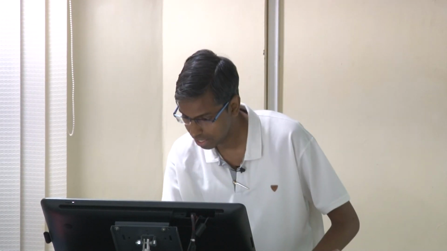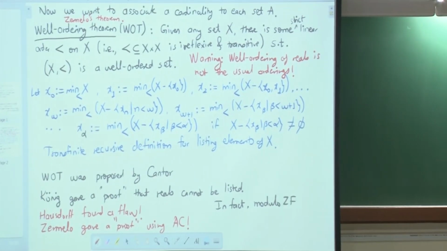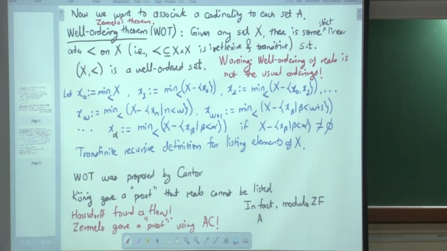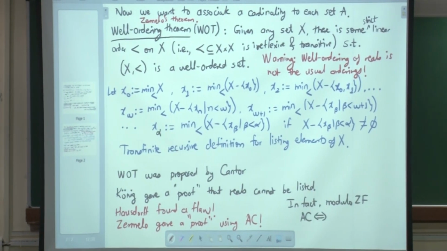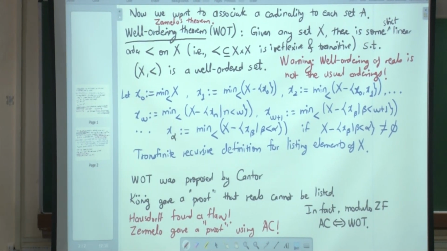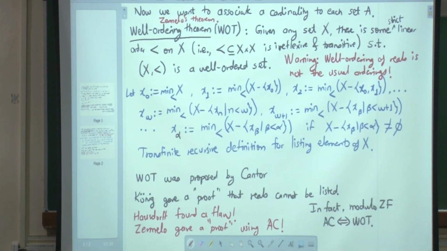Okay, so maybe I'll write it here. In fact, modulo ZF, modulo means always assuming ZF, AC is equivalent to the well ordering theorem. Next week sometimes I will give you an entire lecture on axiom of choice and its equivalents.